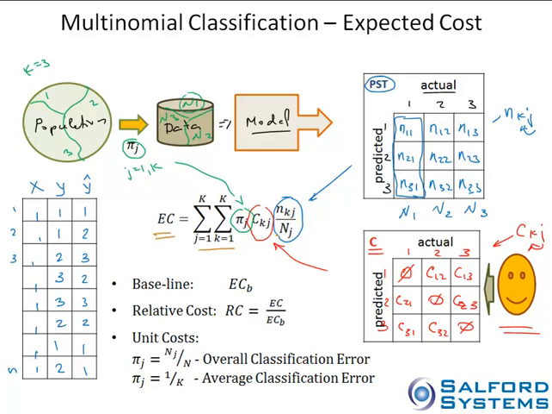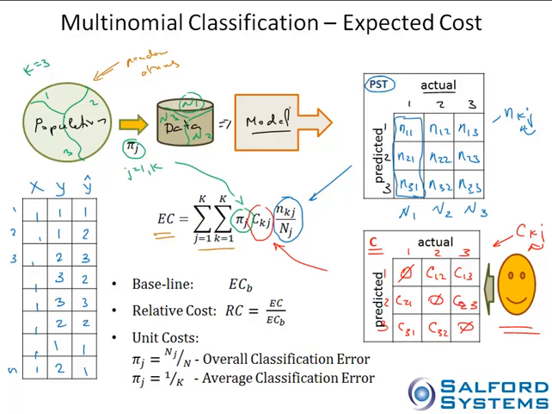Now, how could one interpret expected cost? Suppose you have your model, you have your population, and suppose you're drawing records from the population at random. So you're making random draws, you're applying your model, the random draw belongs to a class according to that distribution of priors, and it lands in one of those cells. Each cell is associated with a cost.